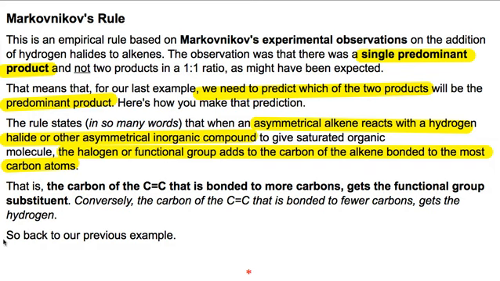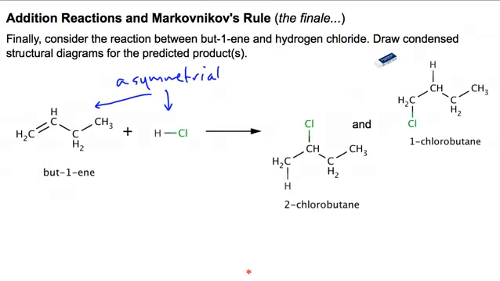So let's go back to our previous example and see if we can make that prediction. Again, remember what Markovnikov's rule said. The carbon that is bonded to more carbons gets the functional group. Well, in but-1-ene, carbon 2 is bonded to 2 carbons. Carbon 1, on the other hand, is bonded to only one other carbon.